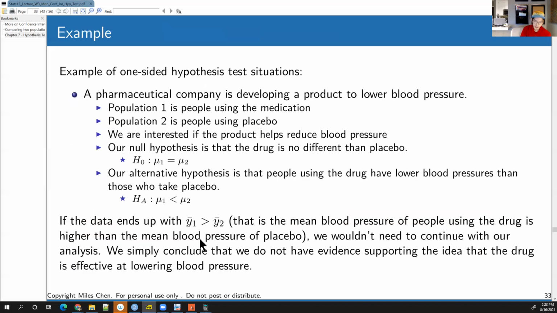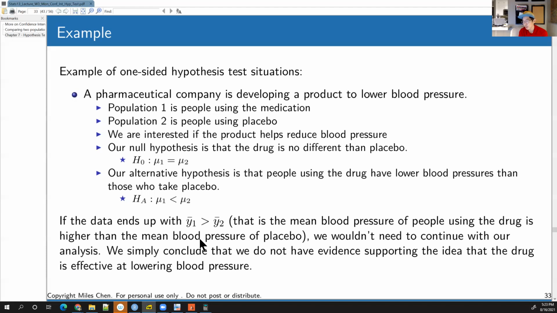Okay, so here's an example where you would have a directional alternative hypothesis, right? So let's say you're working at a pharmaceutical company, and this company says, we want to work on medication that's going to lower blood pressure. Okay, we want medication that's going to lower blood pressure, right?